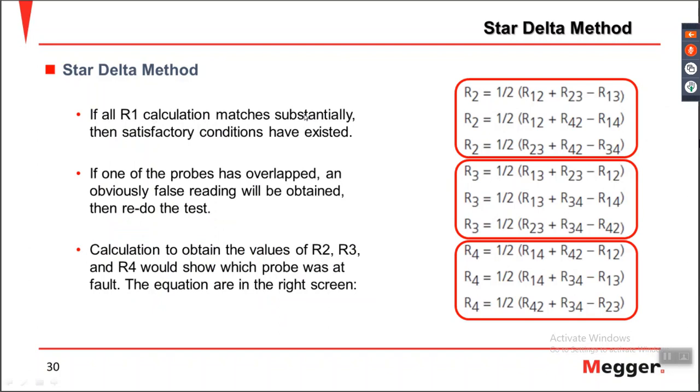If all R1 calculations match, then the satisfactory condition exists. If you don't find this condition, you can find the position that makes these values not match. You can calculate from R2 with the same formula, from R3, and from R4. If some of these values do not match, you can define which point you need to move farther away, maybe R3, R4, or R2. So that is the star delta method.